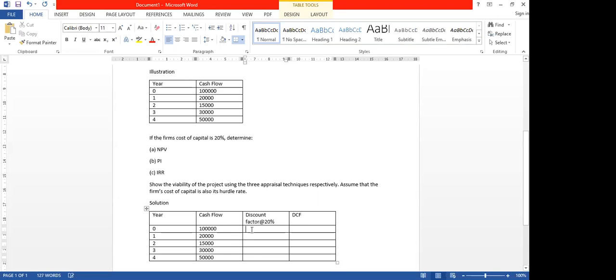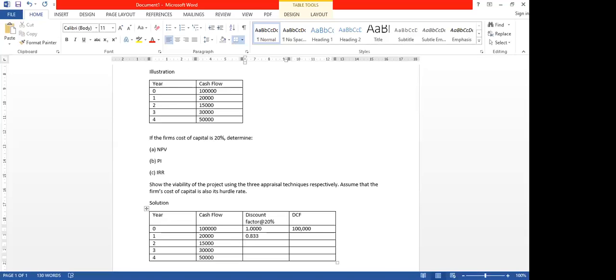Our discount factor for year 0 will be 1.000, so that's 100,000. Remember, we're not going to discount for the first year. What will be the discount factor for year 1? That's 1.2 raised to power minus 1, which is 0.833.